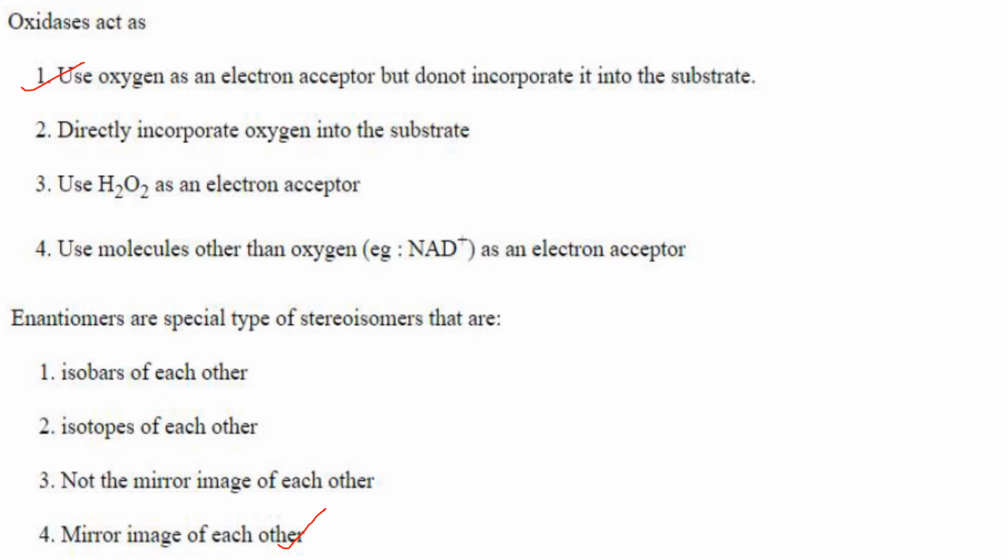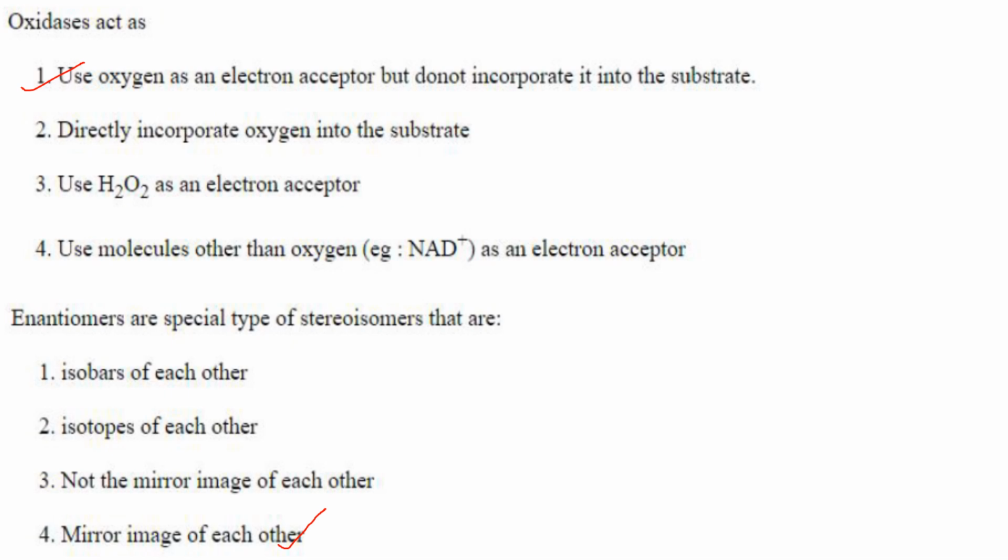So the first statement, use oxygen as an electron acceptor but do not incorporate it into the substrate, describes oxidases. Directly incorporating oxygen into the substrate describes oxygenases. So the first statement is the correct answer.